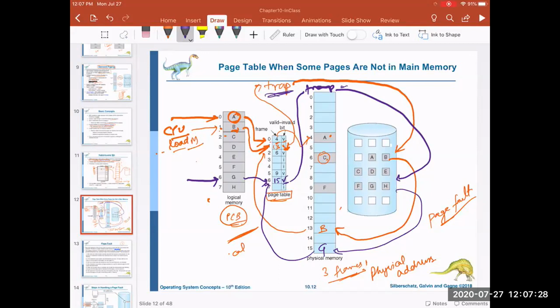But if we don't have every page inside main memory, we need to generate a trap every time, bring the information into the free frames, and then update the page table. This is an extra burden, but this is good.